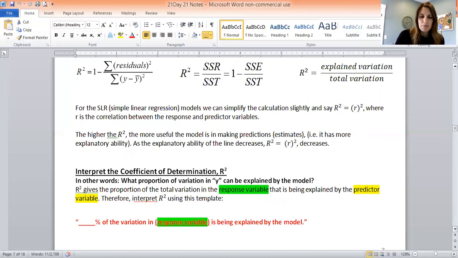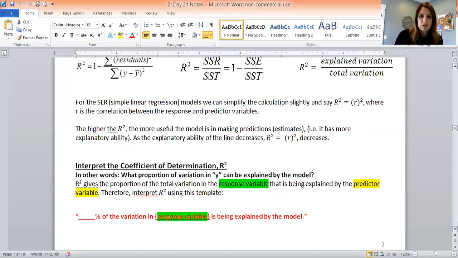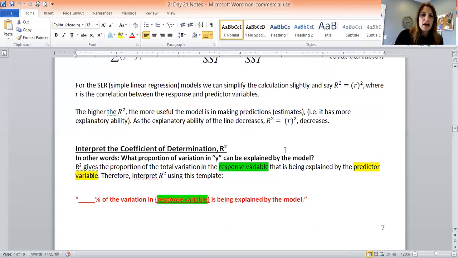It's just that for simple linear regression, it's actually my correlation coefficient squared, which we talked about before, my lowercase r squared. It's not when we move forward. The higher the R squared, the more useful the model is for making predictions. So we'd like that R squared to be larger, and we really like it to be larger than 75%. I'm going to get to that in just a minute.